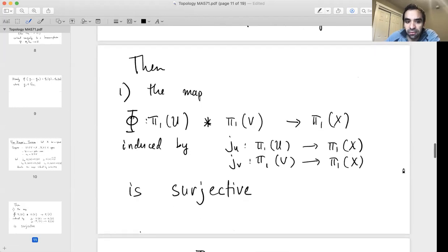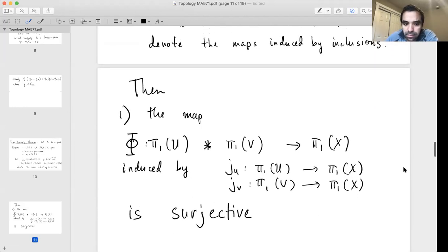Then the statement is the following. The map phi from the free product of the fundamental group of U and the fundamental group of V: these are the two pieces, U and V, I can look at the fundamental group of those two pieces and take their free product.